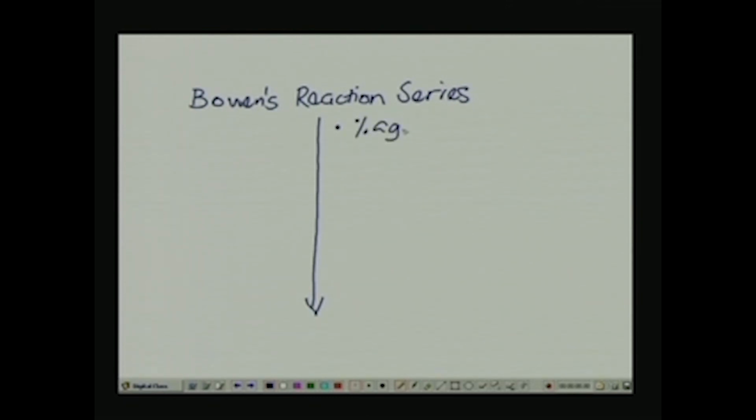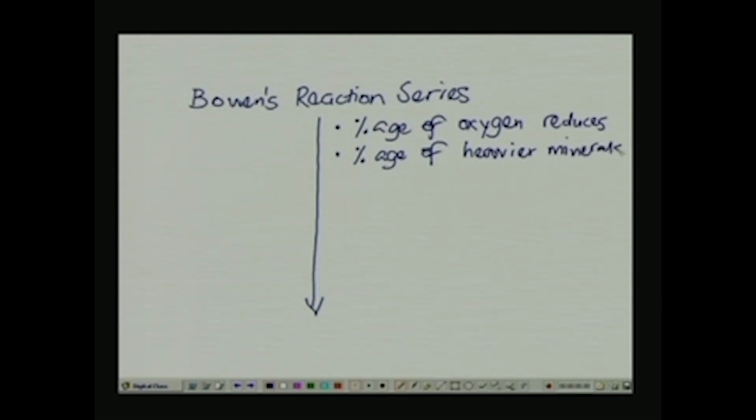Percentage of oxygen reduces, percentage of heavier minerals, typically those composed of Fe, iron or magnesium, reduces.